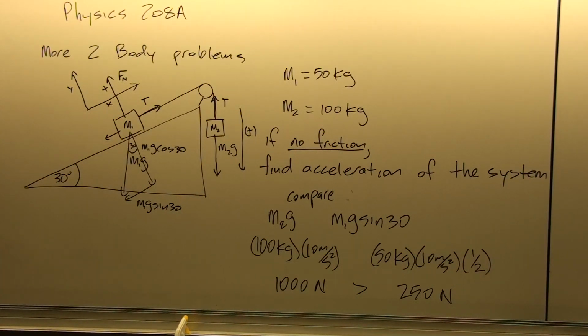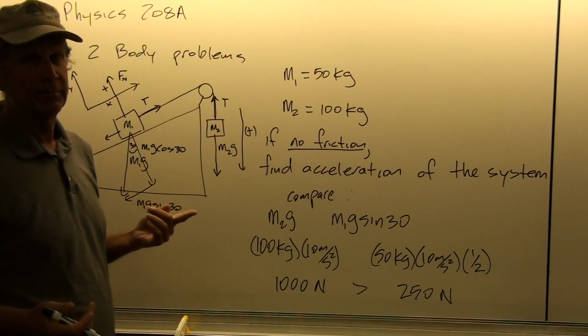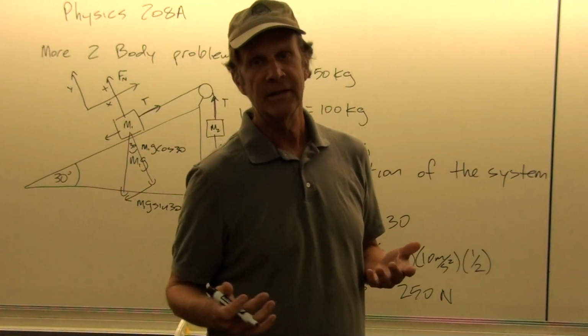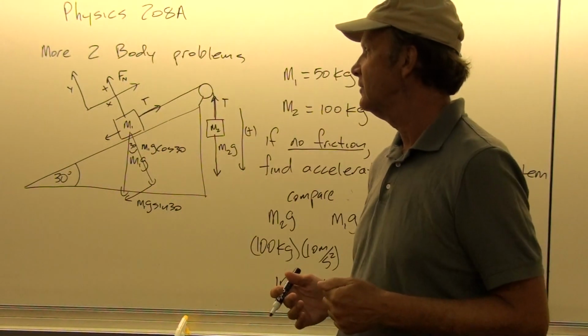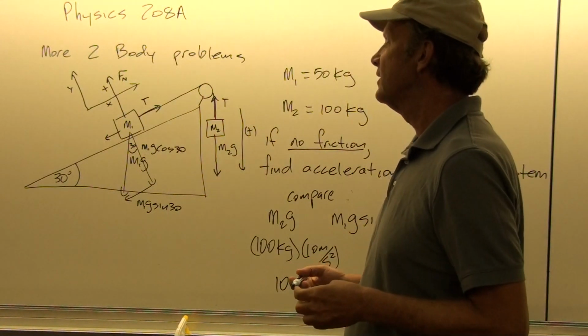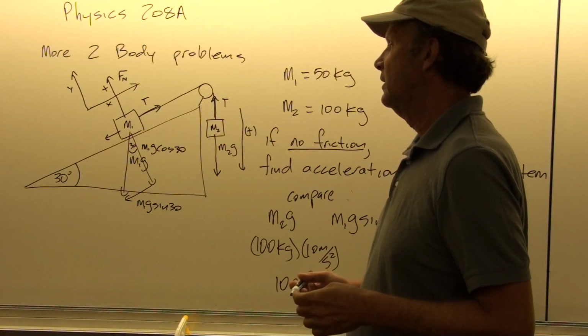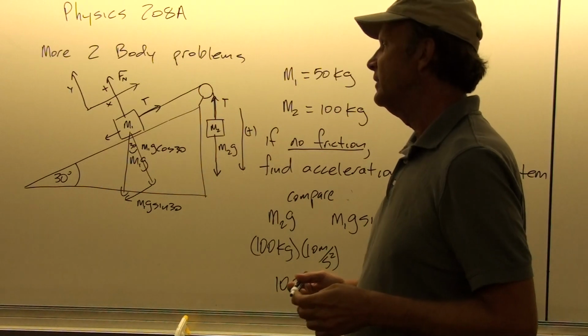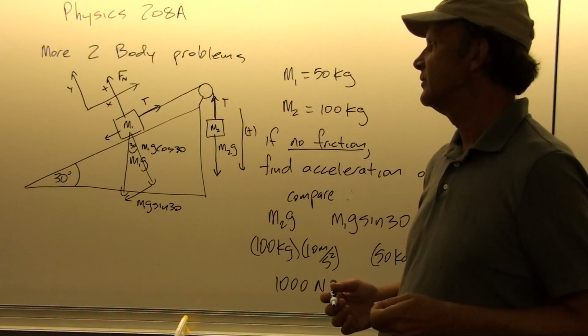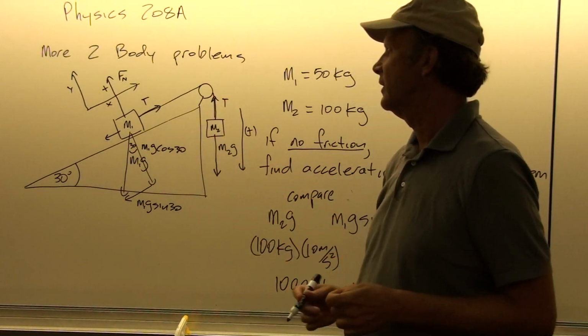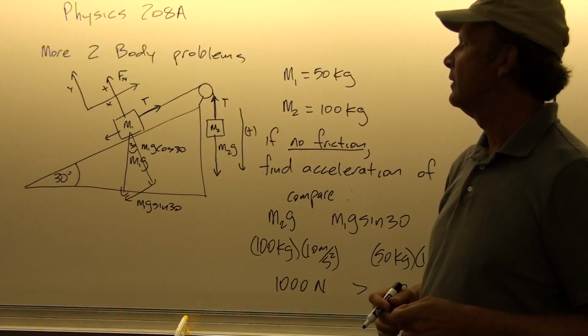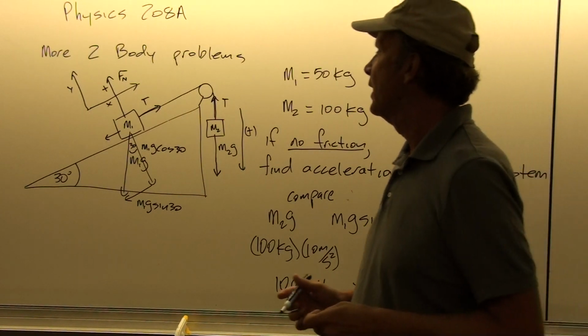But nevertheless, I'm going to add friction to this problem in a little while. So let's just, because you're likely to see this with friction on, not always, but oftentimes you'll see a problem like this with friction on a quiz or an exam.